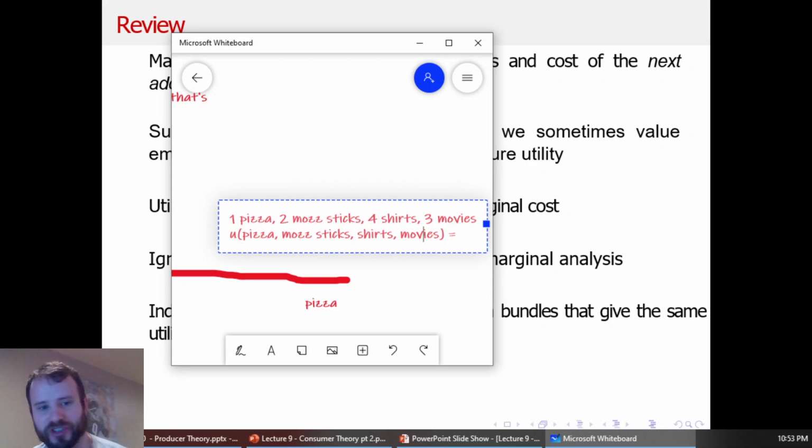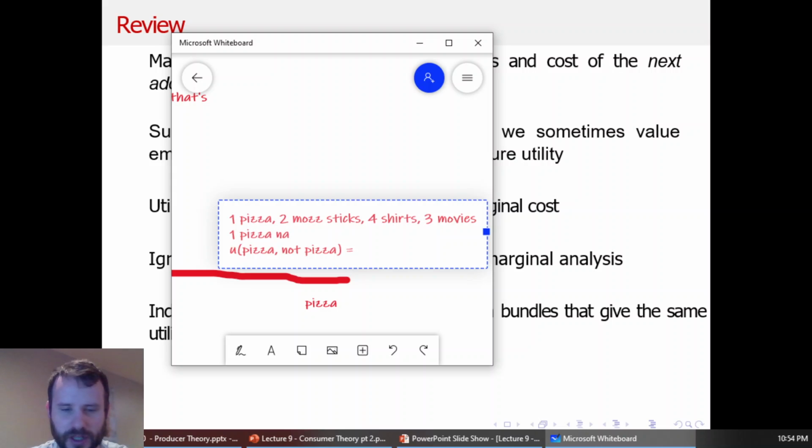So I'm just giving you a 2 good budget constraint or 2 good utility function, utility of pizza and not pizza. Okay. So the consumption bundle would be 1 pizza and we could say 9 not pizzas if we want to calculate it that way.